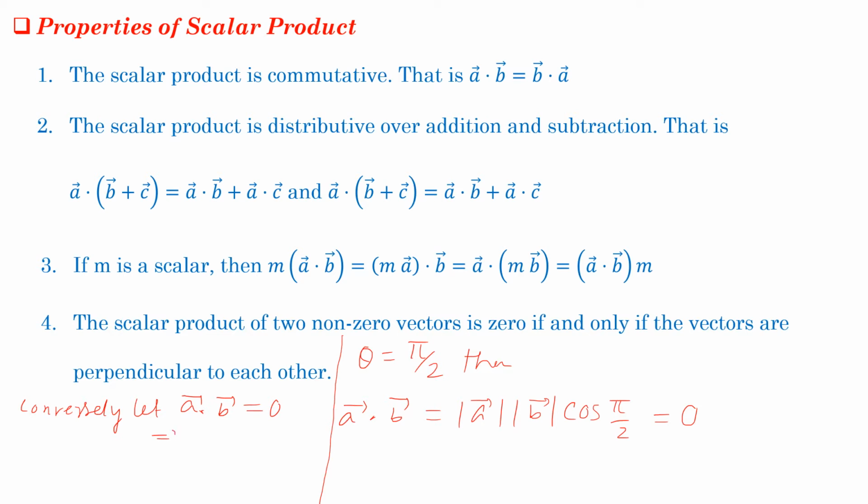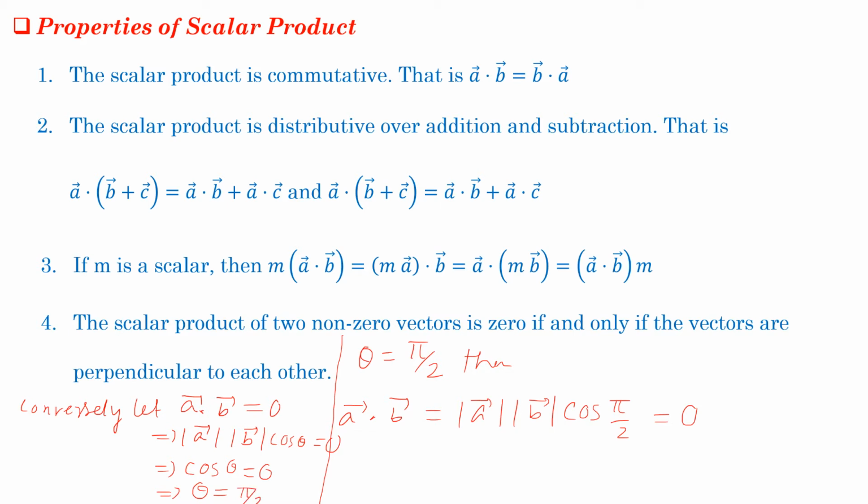This implies A bar dot B bar, which is mod A bar mod B bar cos theta, is equal to 0. But A and B are non-zero vectors, therefore cos theta is equal to 0, which implies theta is equal to pi by 2, not 0.